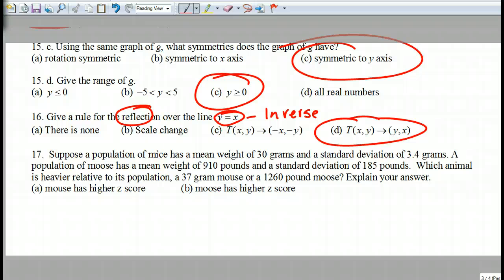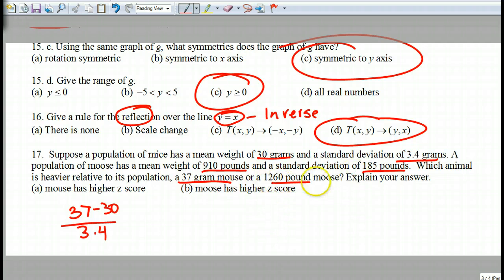Number 17. Suppose a population of mice have a mean weight of 30 grams and a standard deviation of 3.4 grams. A population of moose have a mean of 910 pounds and a standard deviation of 185 pounds. Which one is heavier relative to its population? So we're going to find the z-scores. Here's our first mouse. It'll be 37 minus 30 over 3.4.